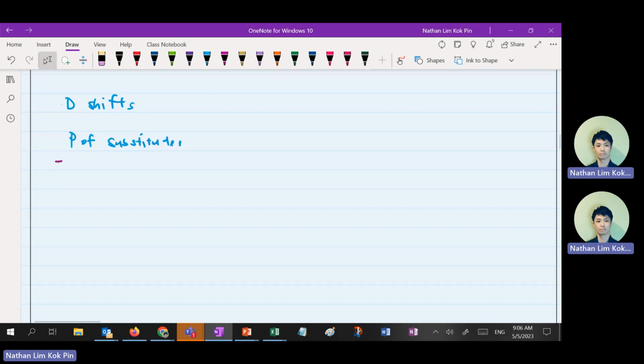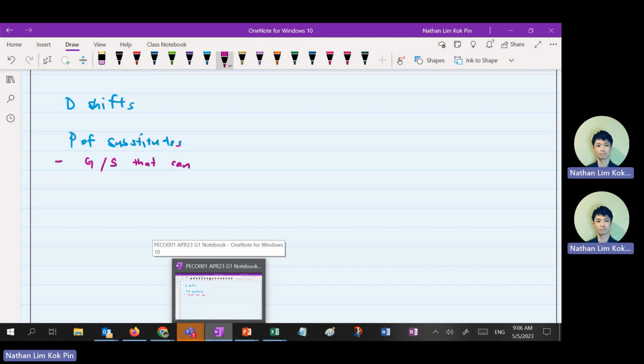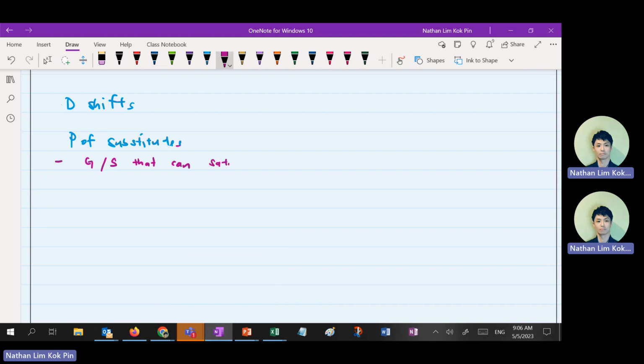Price of substitutes, the definition is goods or services that can satisfy the same wants or needs. This is the definition of substitutes.